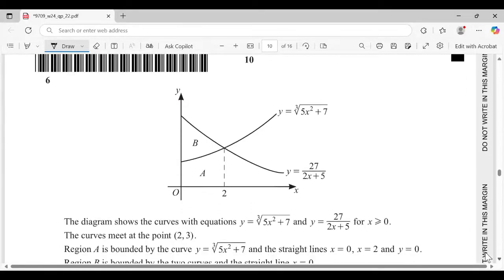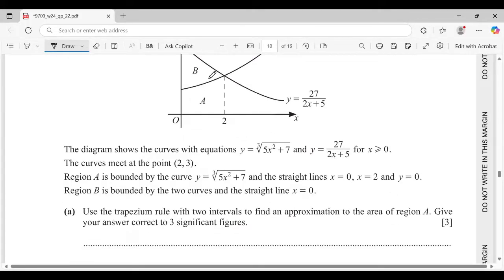Number 6. The diagram shows the curves with equation y equals cube root of (5x squared plus 7) and y equals 27 over (2x plus 5) for x greater than or equal to 0. The curves meet at the point (2, 3). This is 2 on the x-axis and 3 on the y-axis.